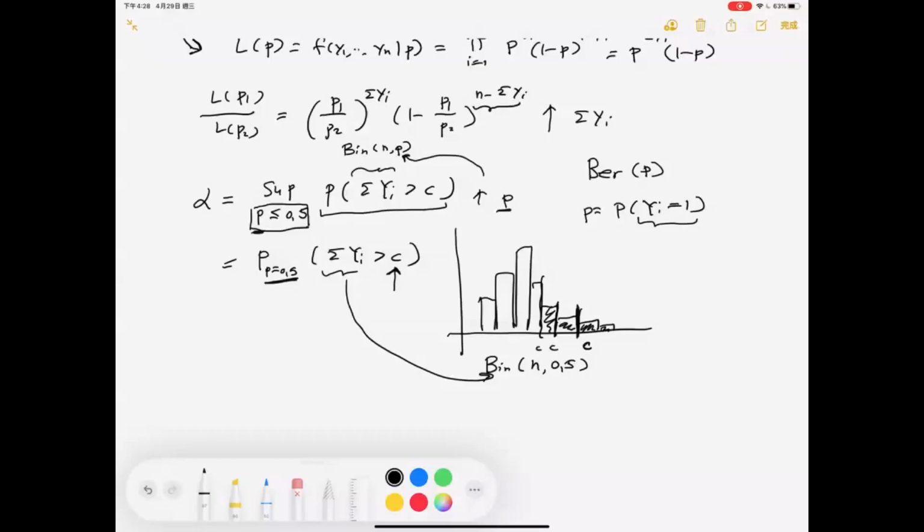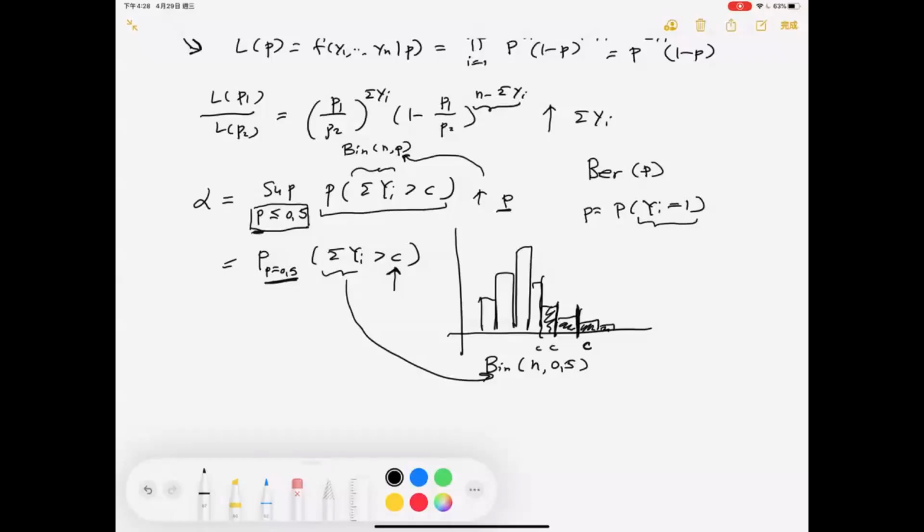Finding that c, then make your type 1 error close to alpha.